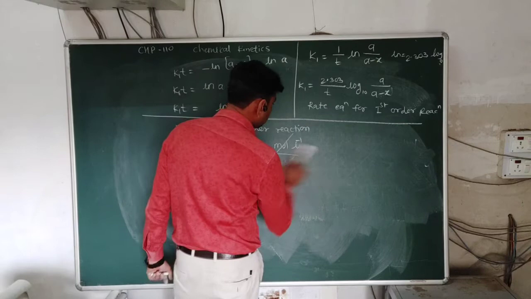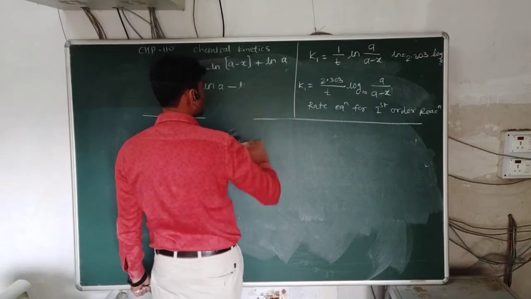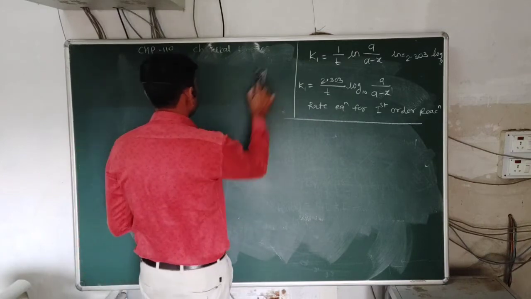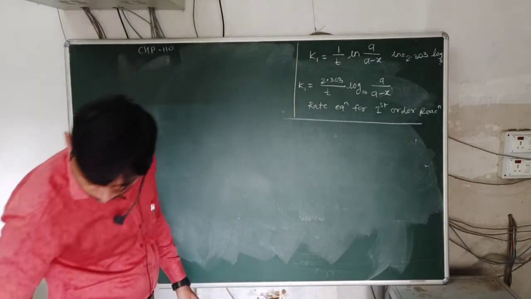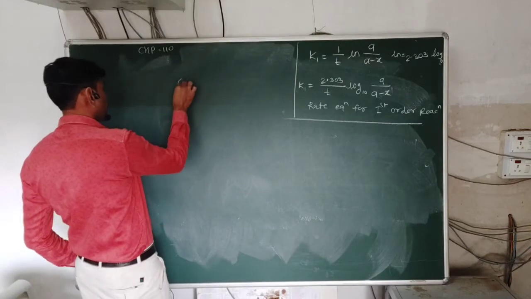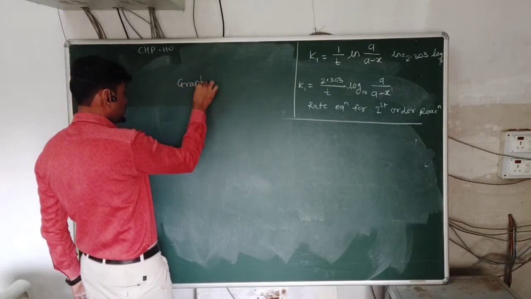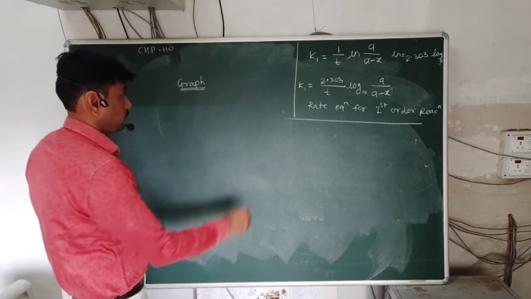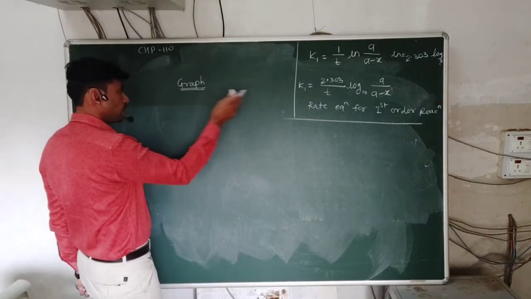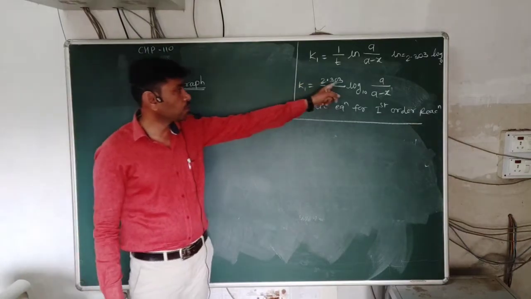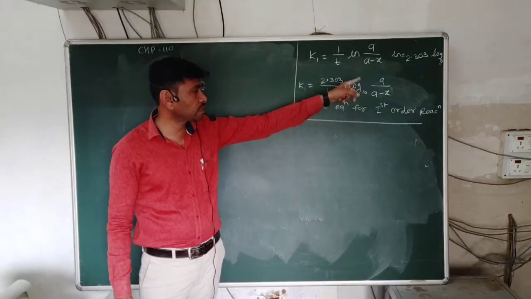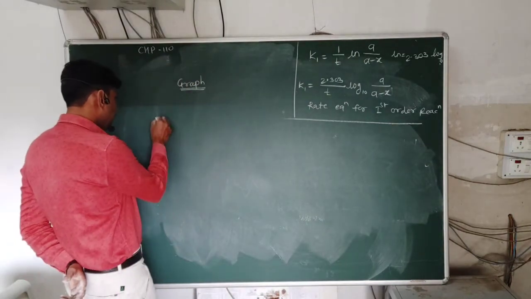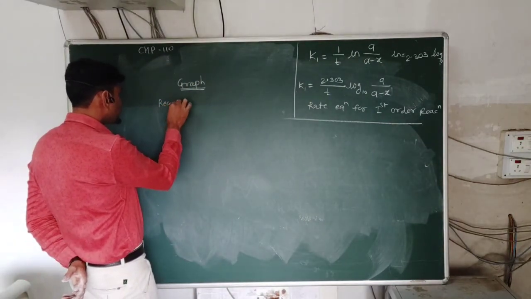See the graphical representation for a first order reaction. Let's rearrange the rate equation k1 equal to 2.303 upon t log to the base 10 A upon A minus x.